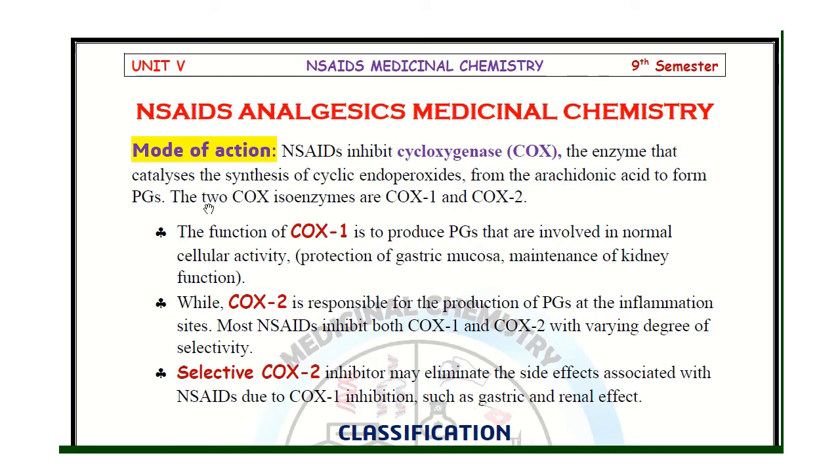On that basis, there are two main cyclooxygenase enzymes that catalyze their functions: one is COX-1 and the other is the COX-2 enzyme.